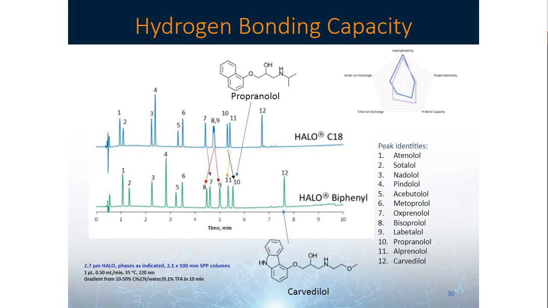So here we're separating a mix of 12 different beta blockers, and I've pointed out the structure of propranolol, compound 10. You can see that's more retained on the Halo biphenyl column compared to the Halo C18, and you can see that propranolol has some polar moieties here, so that's part of the reason why it's more retained on the biphenyl column, because it's able to interact with those silanols.